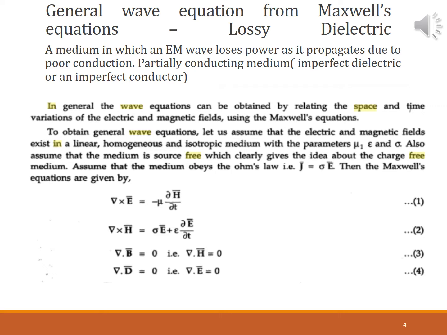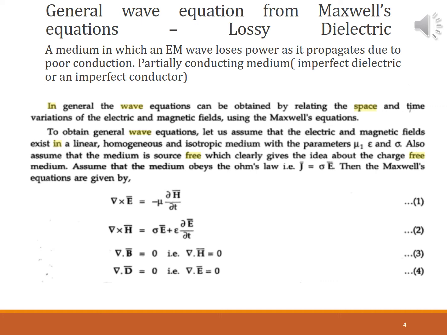So with that introductory note on electromagnetic waves and the different media through which they can propagate, we're coming to the first part, which is to derive the general wave equation for an electromagnetic wave from Maxwell's equations.